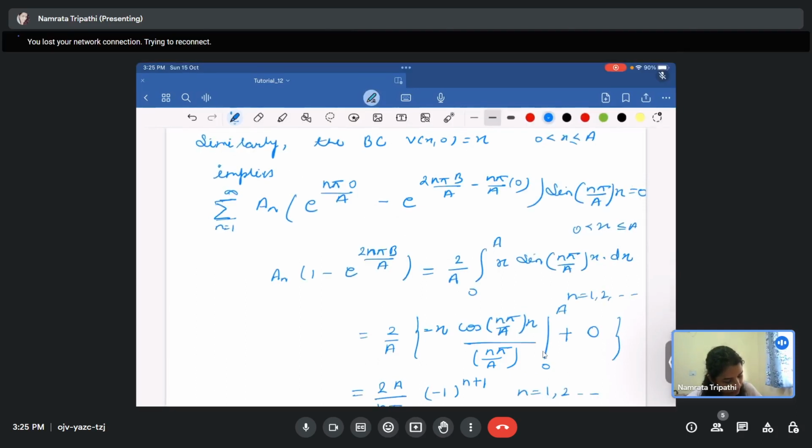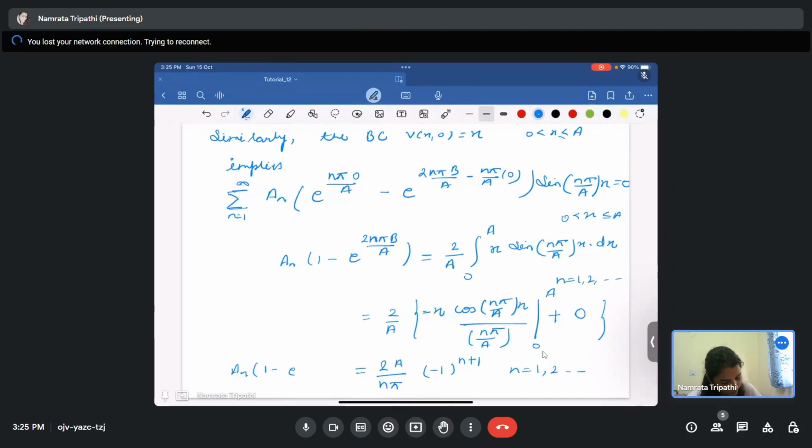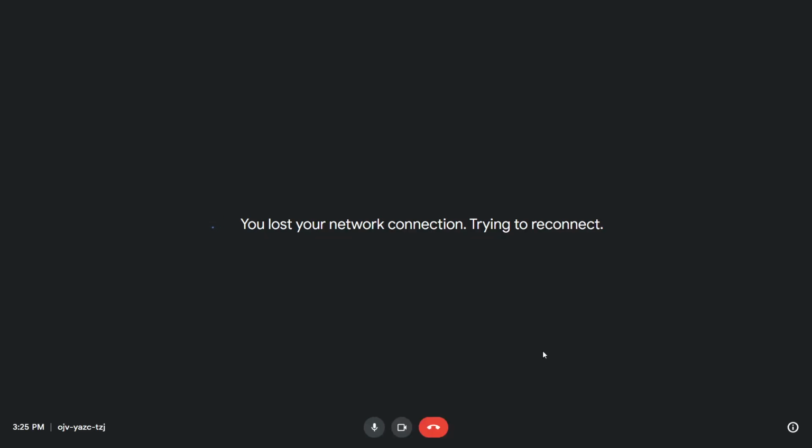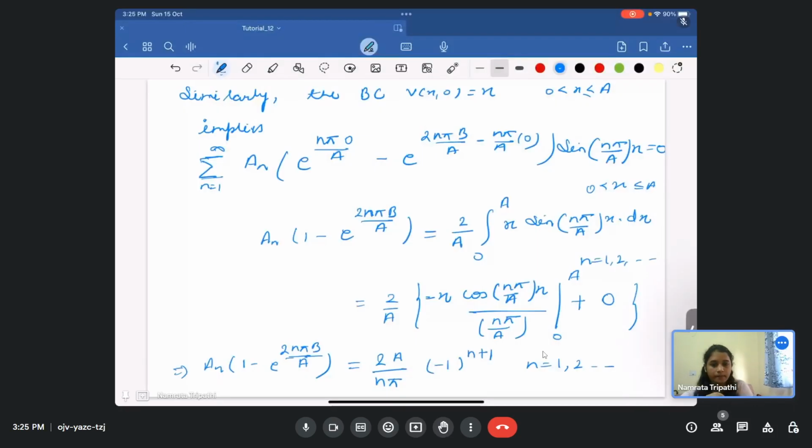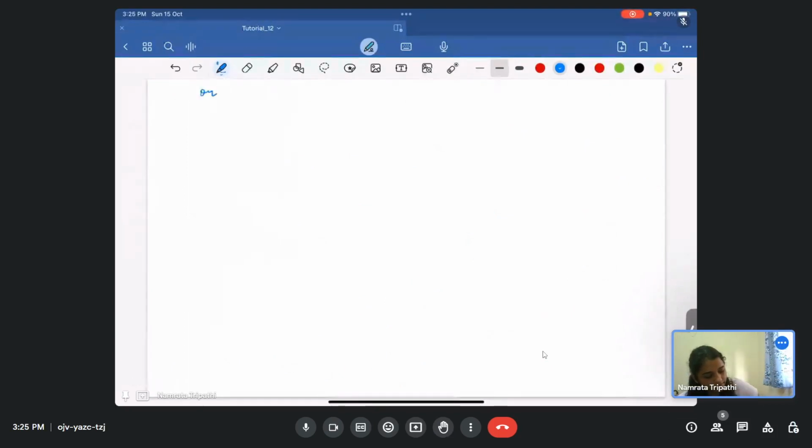This is the value for an: 1 minus e to the power 2 n pi b by a, inverse. So from here, the value of an. Fine.